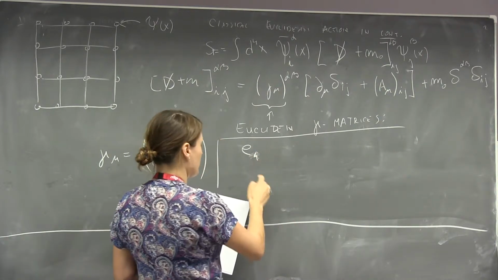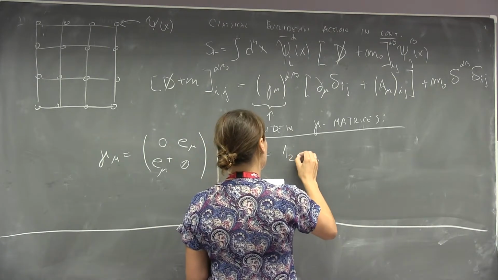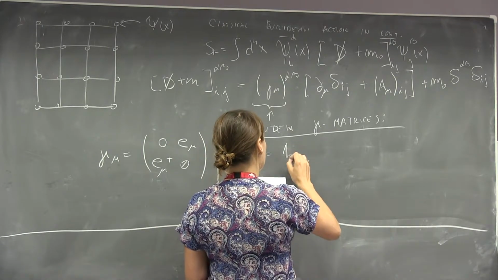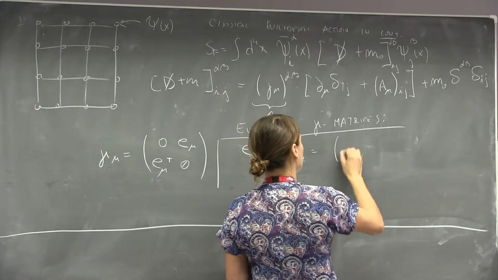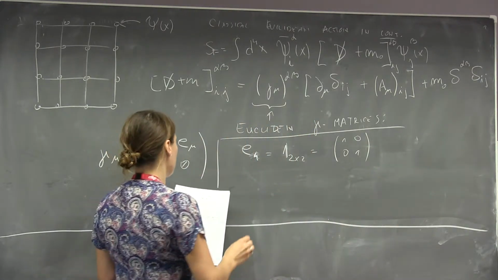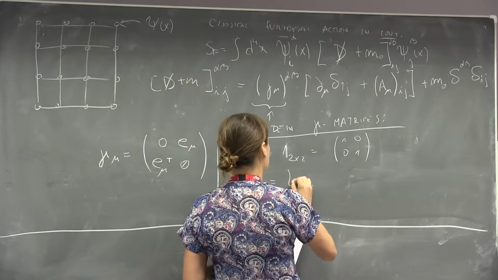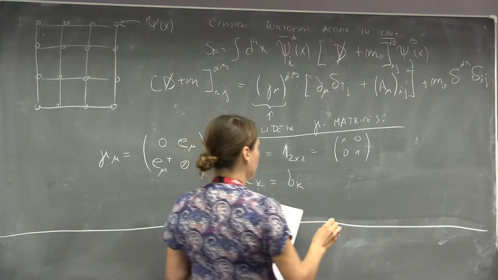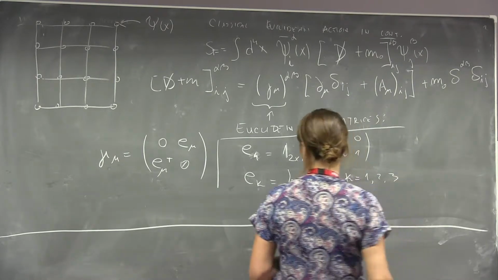E4, which is our time coordinate, as we know in Euclidean, is a unit 2 by 2 matrix, so 1, 0, 0, 1. And E_k are the standard Pauli matrices, where k goes 1, 2, and 3.